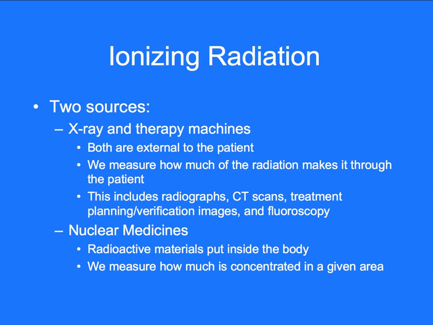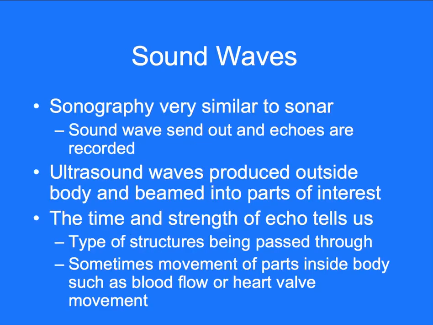The second source is nuclear medicine, where we use radioactive materials and put them inside the body. We inject them or inhale them, those being the 2 most common ways. What we do is measure how much radioactive material is concentrated in given areas, and that tells us a lot about the physiology of the body.